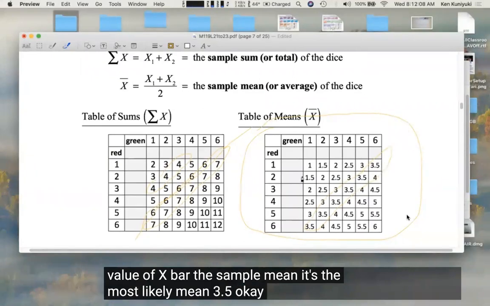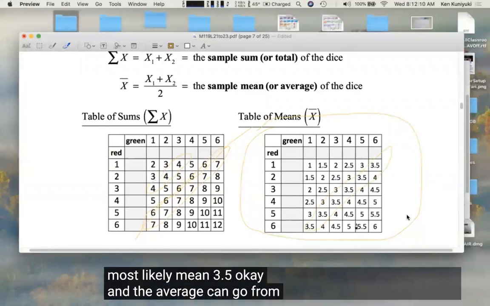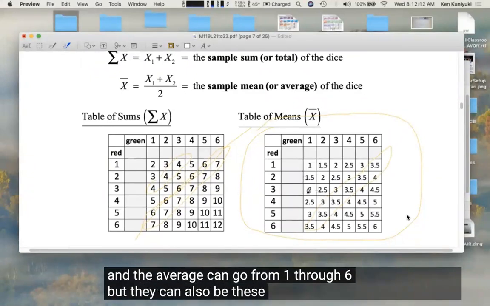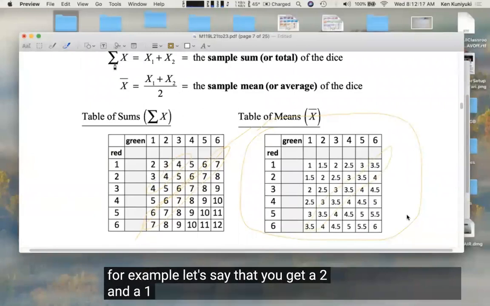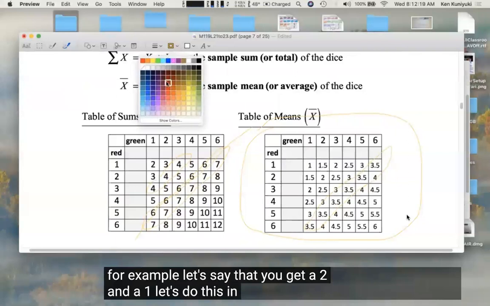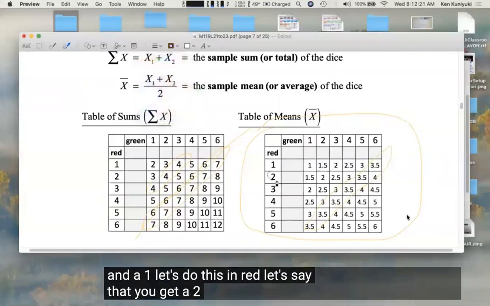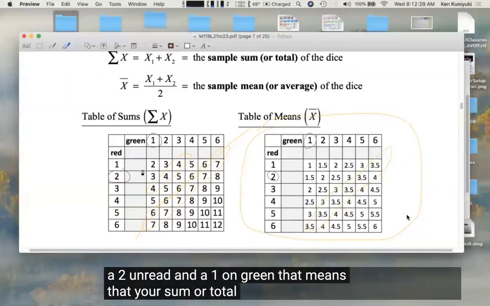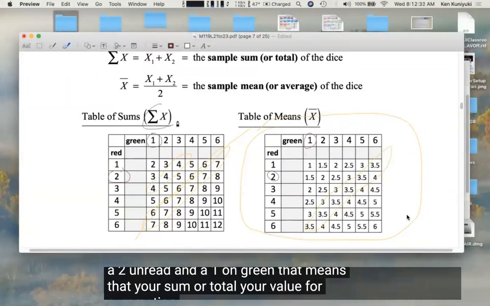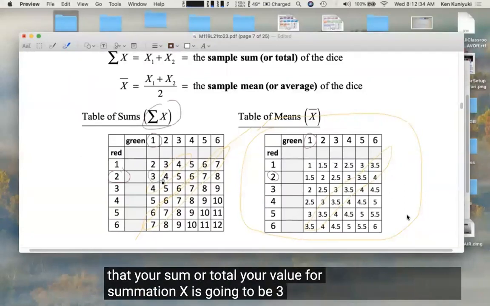Okay, and the averages can go from 1 through 6, but they can also be these decimals. For example, let's say that you get a 2 on red and a 1 on green. That means that your sum, or total, your value for summation x, is going to be 3.